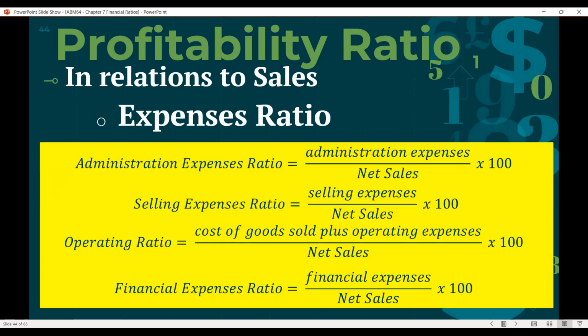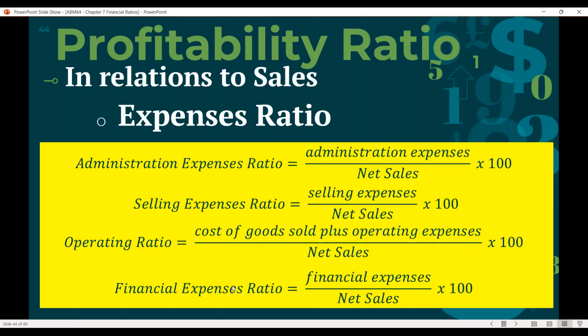So we have actually many types of expenses ratio. For administration expense, you just need to divide it with net sales multiplied by 100. For selling expenses or those for marketing expense, selling expenses over the net sales multiplied by 100. For operations, we have cost of goods sold plus operating expense. So COGS plus operating expenses divide net sales multiplied by 100.